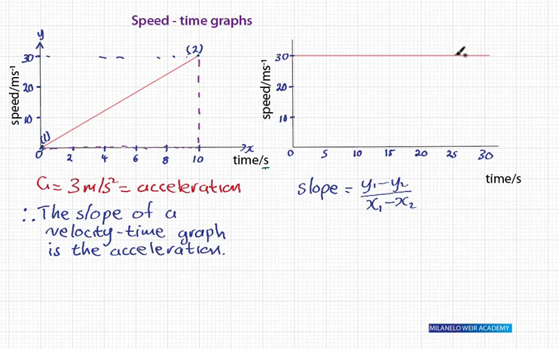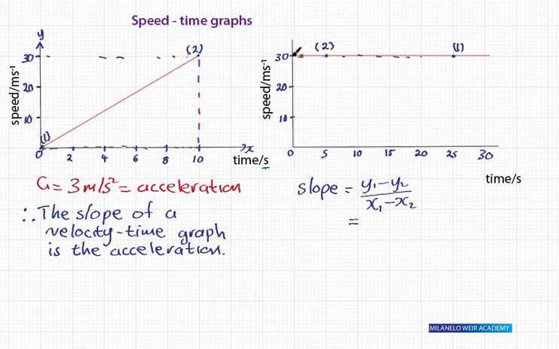I'll choose this as my point 1, put it in brackets, and choose this one as my point 2 and put it in brackets. Then we go on and substitute what is y1, that is the value of y at point number 1.